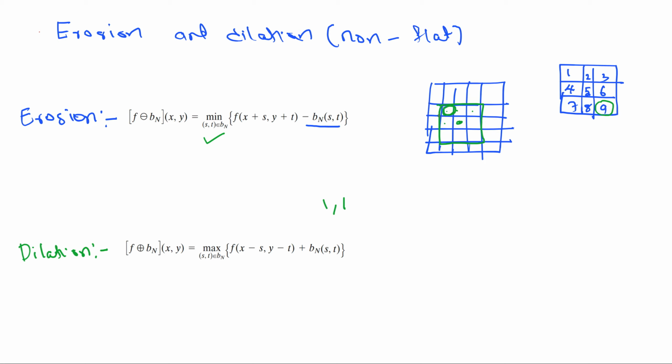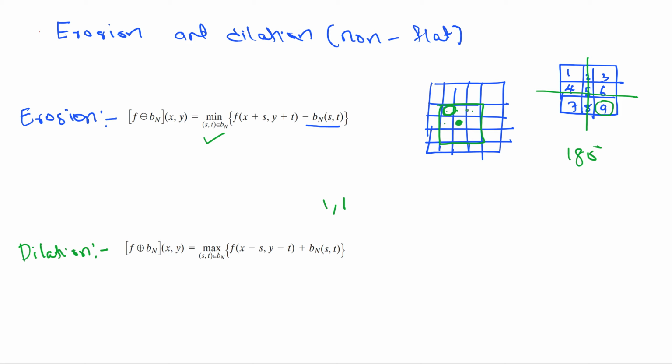Or in other words, you are actually taking the 180-degree rotation of this particular structuring element, or you are taking the mirror image of this structuring element with respect to the origin, that is with respect to the x and y axis, then making this as the center, you will be overlapping it like this.